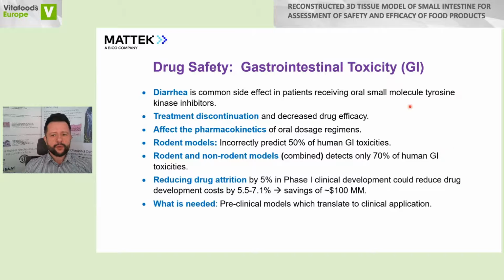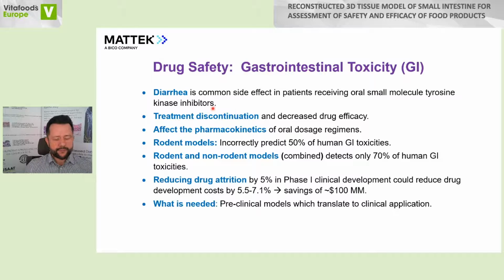A few years ago, we did a study in collaboration with AstraZeneca, a pharma company. They approached us with a request to develop a model that would be able to predict the adverse effects of some drugs used in oncology.